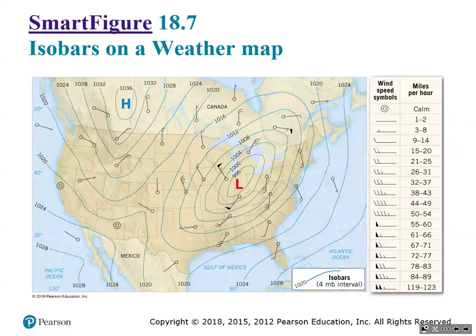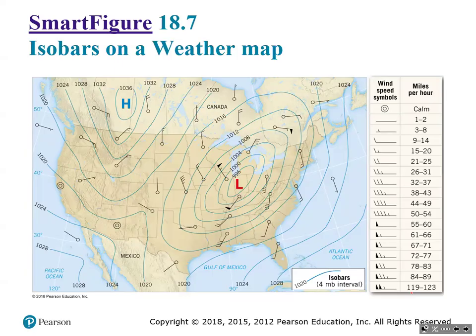So here we have a weather map. And you can see these little things showing the wind. These are like weather vanes. So these arrows point in the direction the wind is coming from.